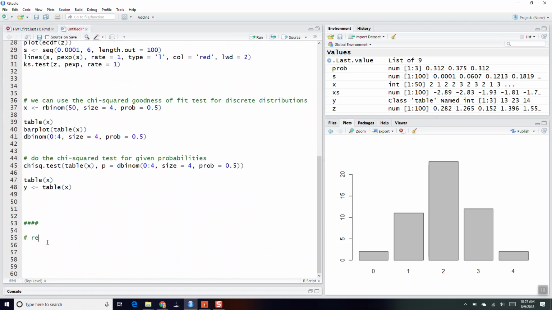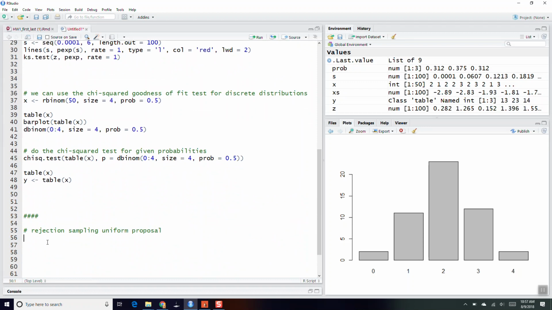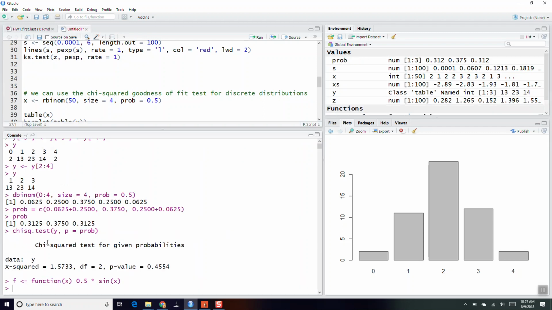All right, so this is a rejection sampling, uniform case, uniform proposal. All right, so f will be our function of x, and it's basically 1/2 sine of x.